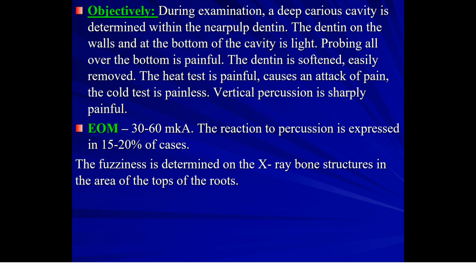The cold test is painless. Vertical percussion is sharply painful. Electrodontometry 30 to 60 microampere. The reaction to percussion is expressed in 15 to 20% of cases. Rarefaction is determined on the X-ray in the bone structures in the area of the tops of the roots.